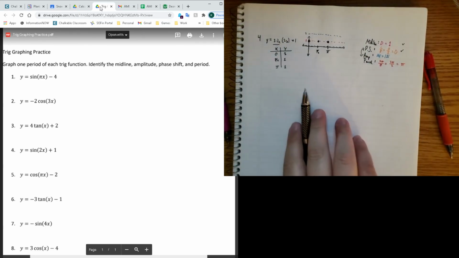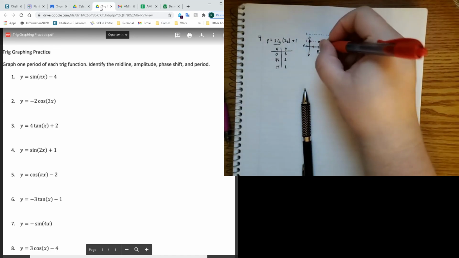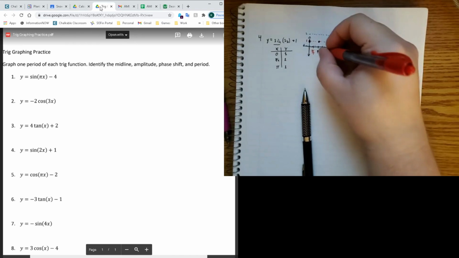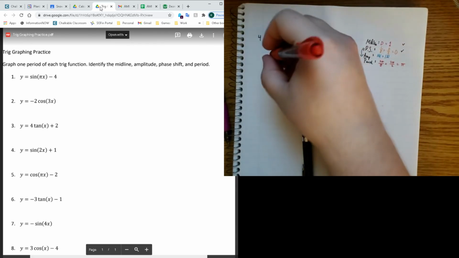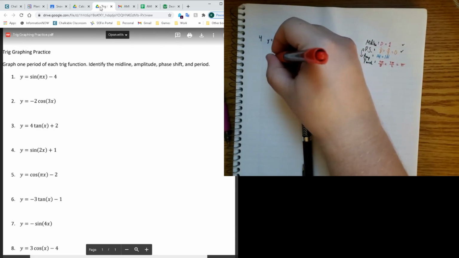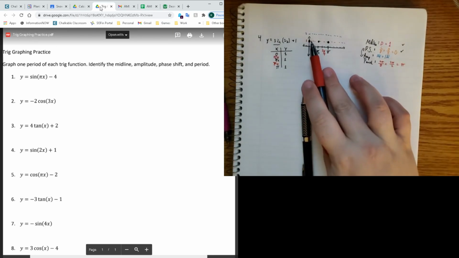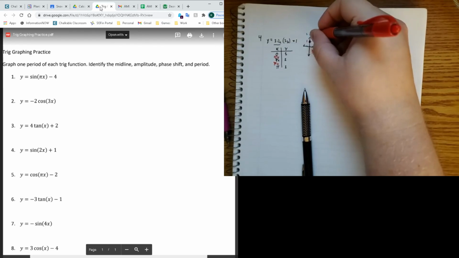I'm running out of spacing here, so I'm going to change it up a little bit. Let's see. Halfway in between these two would be at pi over 4 and 3 pi over 4. Again, you can plug into the formula to determine those. At pi over 4, the sine function is positive, so it will go up to the amplitude.